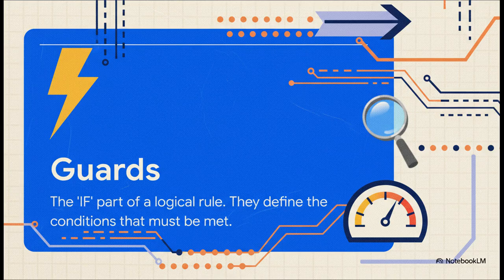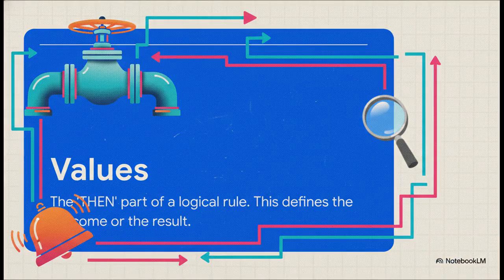It's the condition, like if the power is on, or if the pressure drops below a certain level. Those are the guards. And the second landmark, that's the value. And you guessed it, this is the then part of the rule. It's the outcome, the result. Then open the valve, or then sound the alarm. The value defines what actually happens when the conditions set by those guards are met.